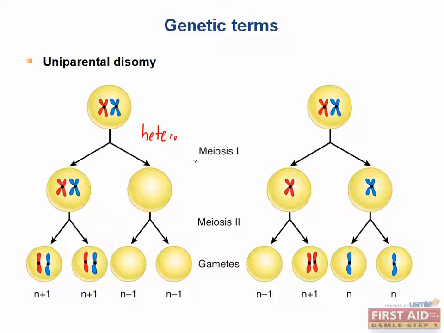Heterodisomy is caused by an error in meiosis I and results in having one of each homologous chromosome from the same parent. Isodisomy occurs from an error in meiosis II, which, as you can see here, would result in having two identical chromosomes which were originally sister chromatids. It can also be caused by duplication of one chromosome and loss of the other.